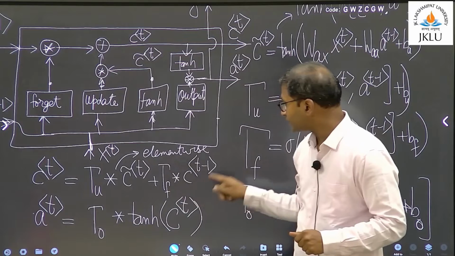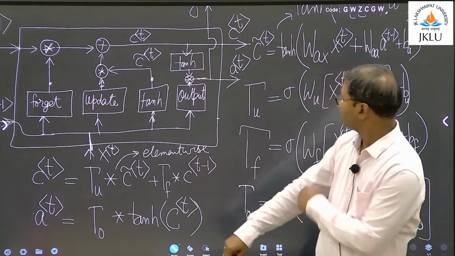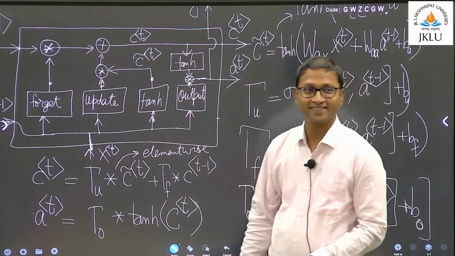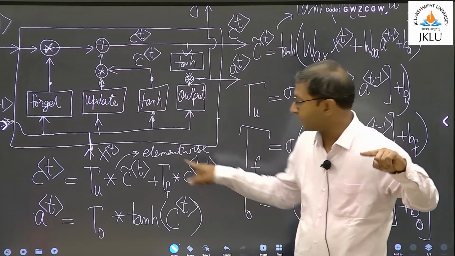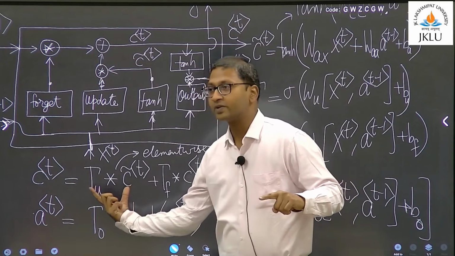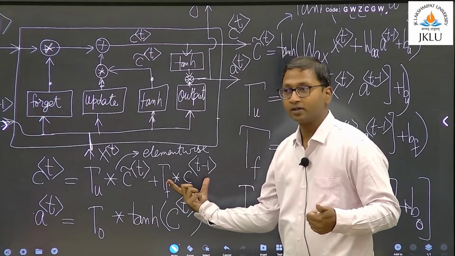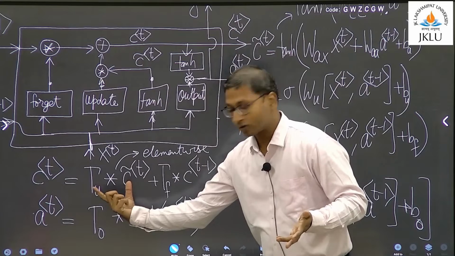Tell me what are the dimensions of these two guys. What is CT minus 1? So CT minus 1 has dimensions same as CT, and we have already seen this guy must be 100 cross 1. So this whole thing has to be 100 cross 1 and this thing has to be 100 cross 1.